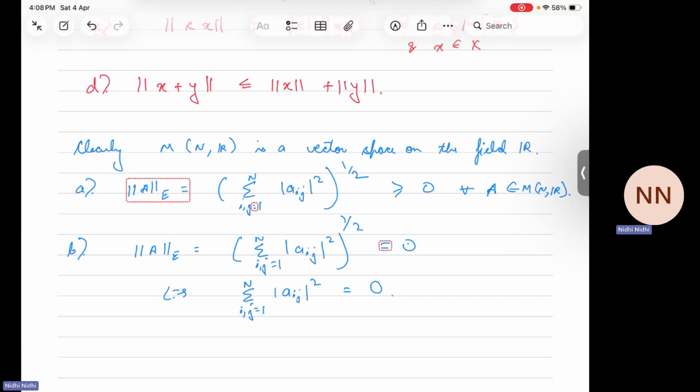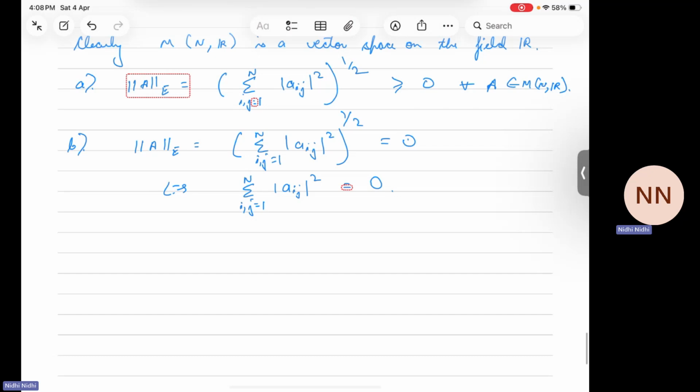On one side we have a sum of non-negative real numbers, and on the other side we have 0. This is possible only if all the terms are 0, because a sum with any positive term will always end up as some positive entity. If any of the a_ij were strictly positive, the sum would have turned out to be strictly positive, but this is exactly equal to 0.